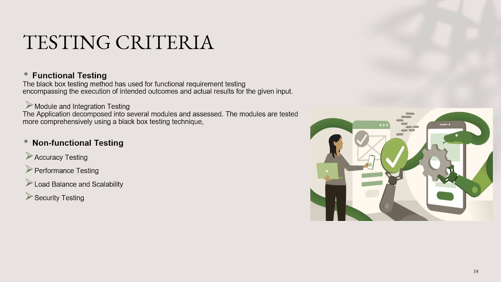The application was decomposed into several modules, and the modules were tested comprehensively using the black box testing technique. In non-functional testing, I have tested accuracy, performance, load balance, scalability and security as well. All testing is done.